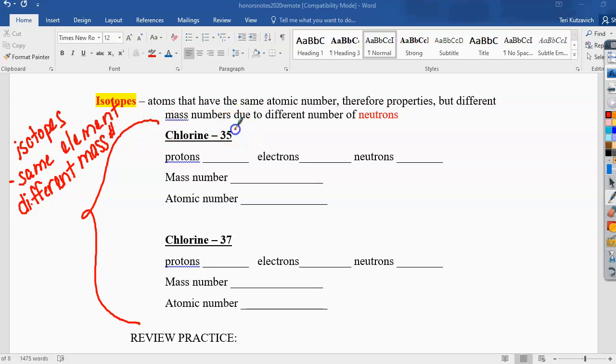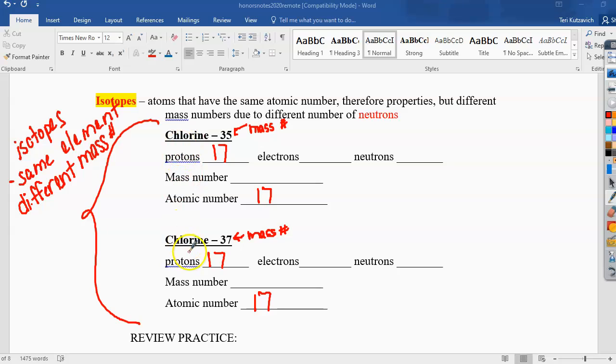So if you see a number written after the element name, that's the mass number. And if they give you the mass number, you have to use that mass number. You can't use the one on the periodic table. So these are both chlorine, and chlorine's atomic number is 17. So that means we have 17 protons.